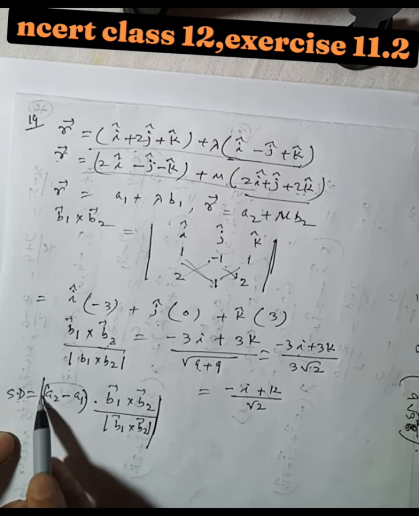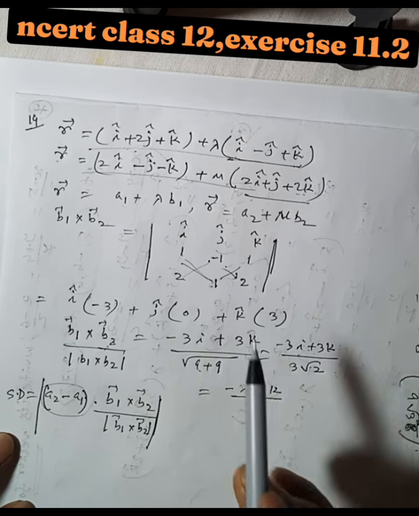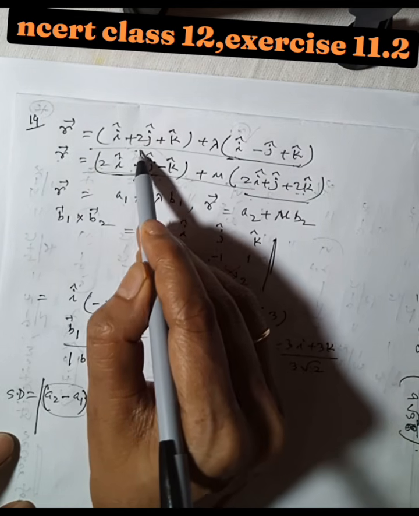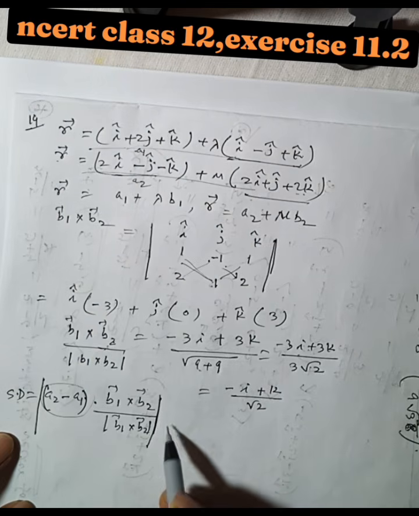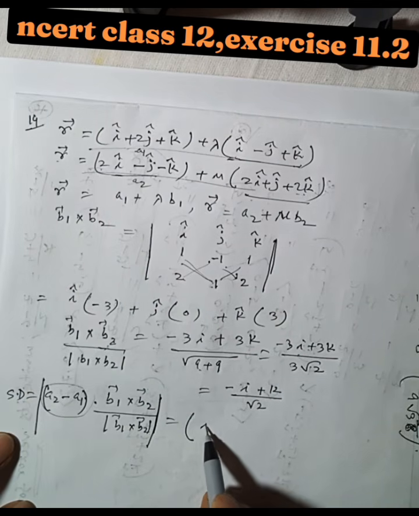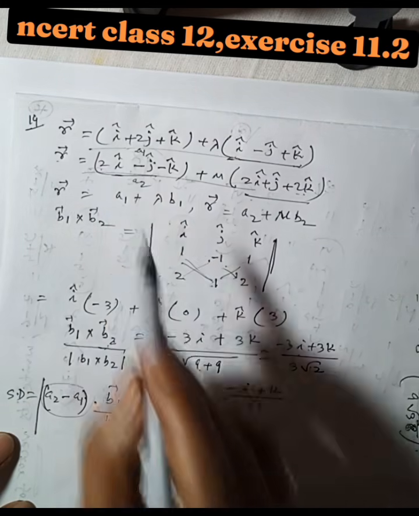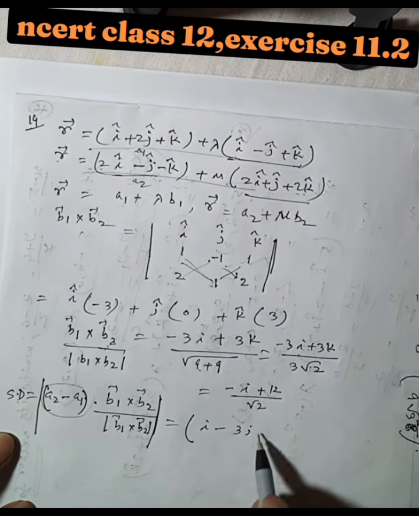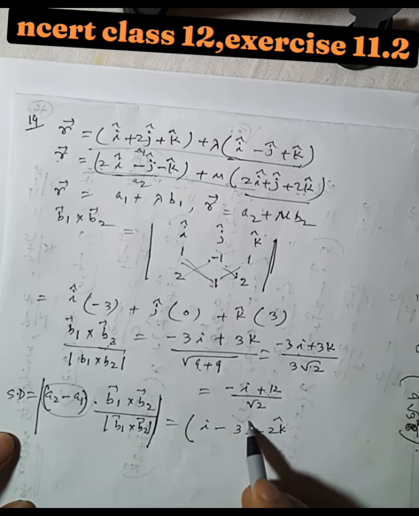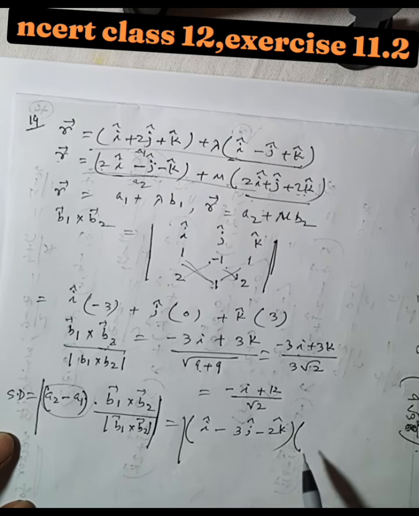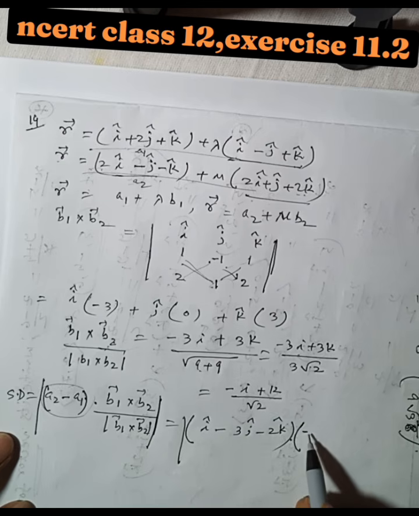So we find a2 minus a1. This is a2 and this is a1. So a2 minus a1 is (2 - 1)i, (-1 - 2) gives -3j, minus (-2)k, and we take the dot product with (-i + k) by root 2.